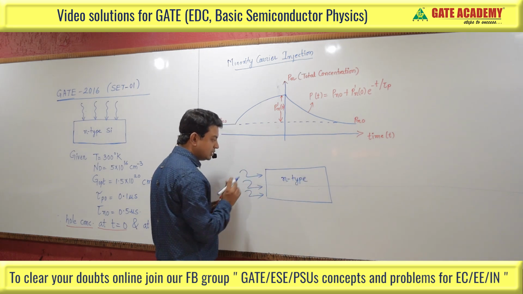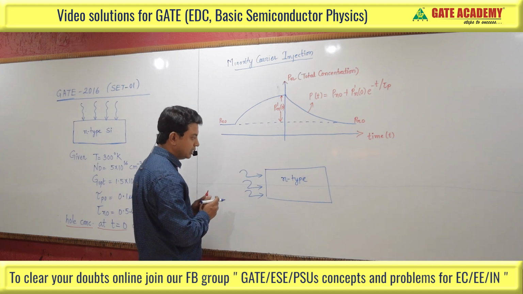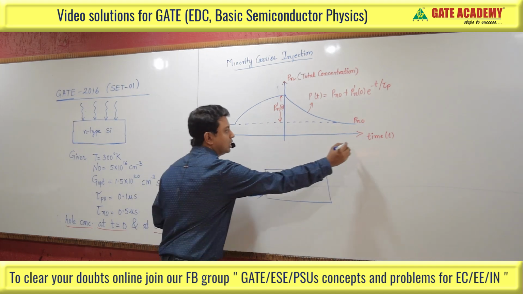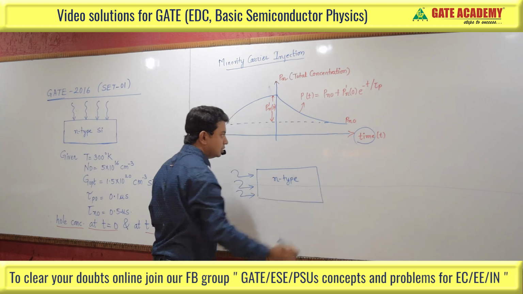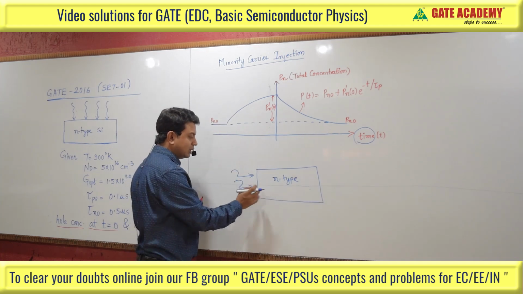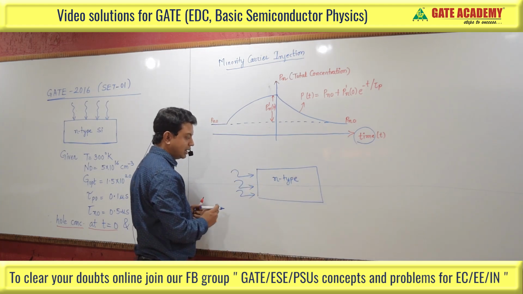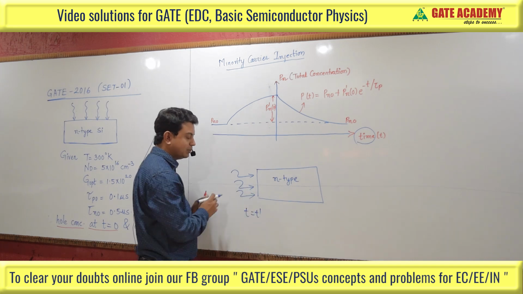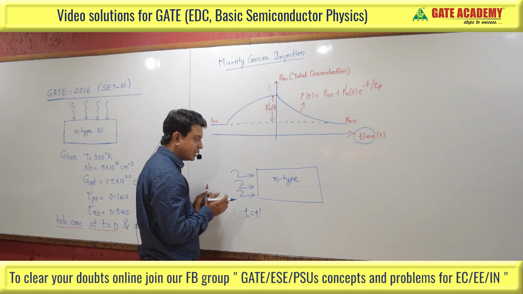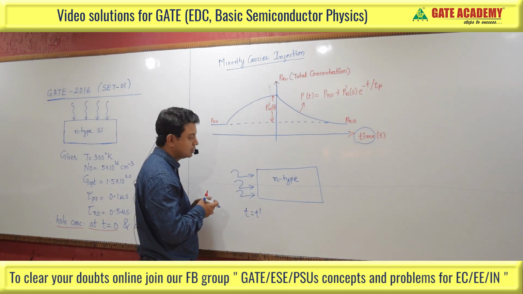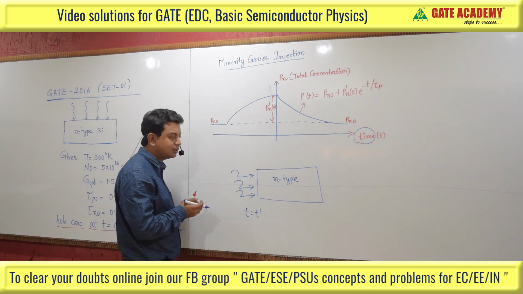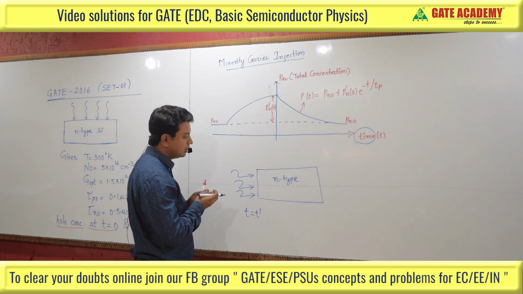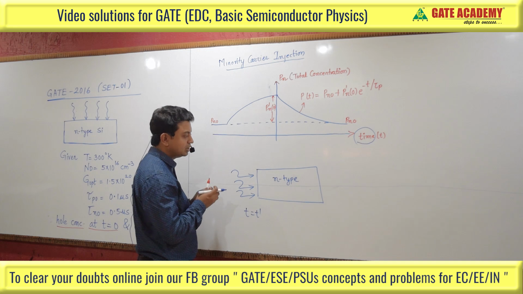When this is illuminated with light, and if you consider with respect to time, suppose this is the time. When this semiconductor is illuminated with light at T equal to T dash, what will happen inside this semiconductor? The carrier generation starts, and both majority and minority carriers start generating.